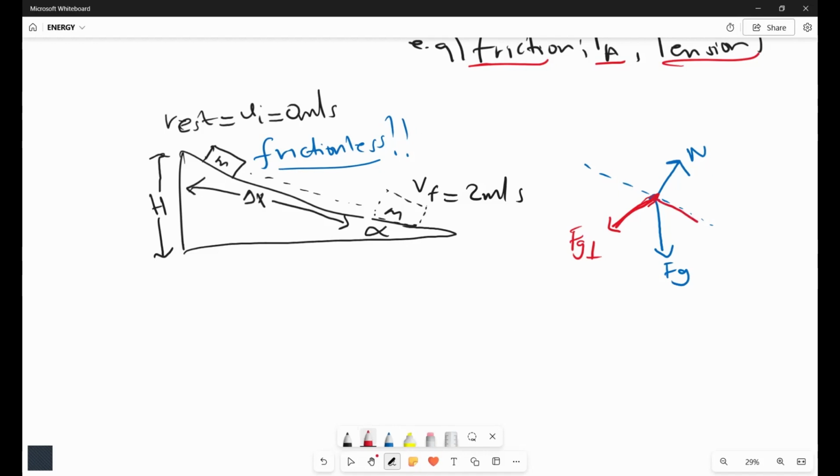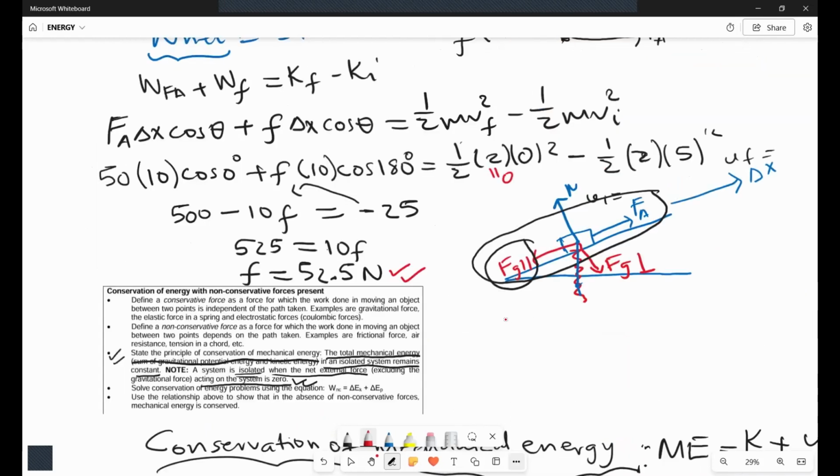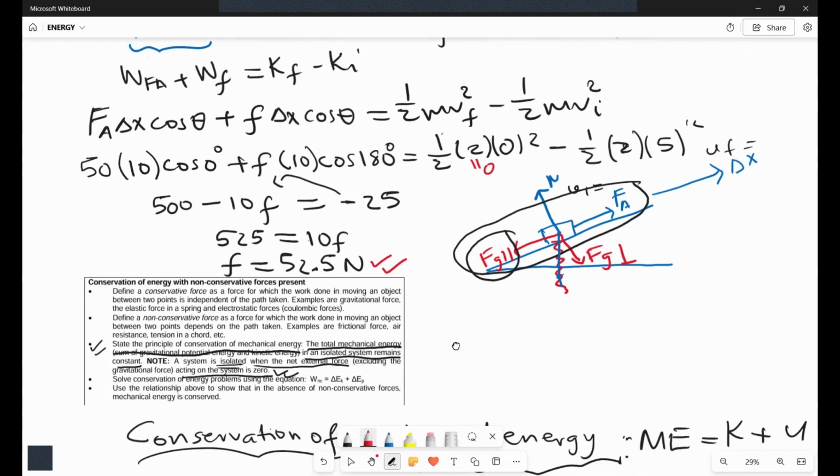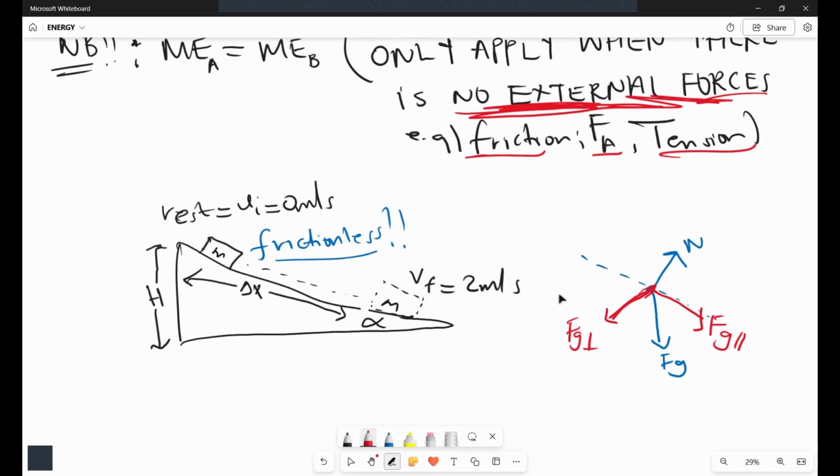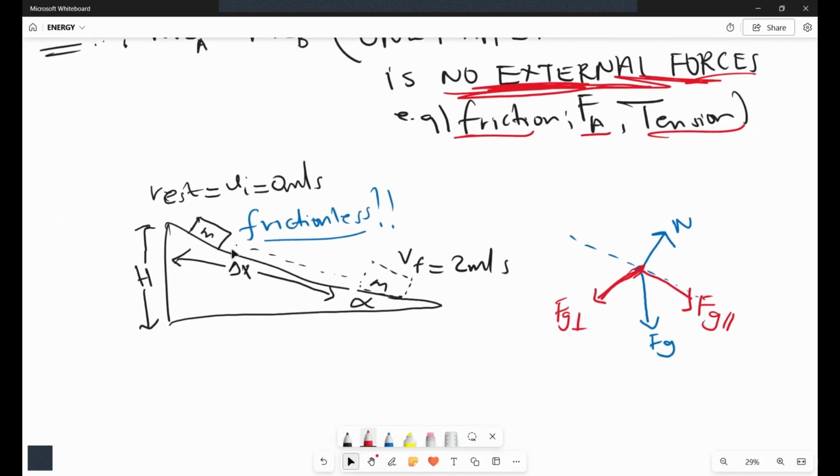Then we have this other component of Fg that always moves downwards, Fg parallel. Remember, wherever is downwards in your scenario, it is where your Fg parallel will go. In this case, here is my downwards, so my Fg parallel will be moving in that direction.